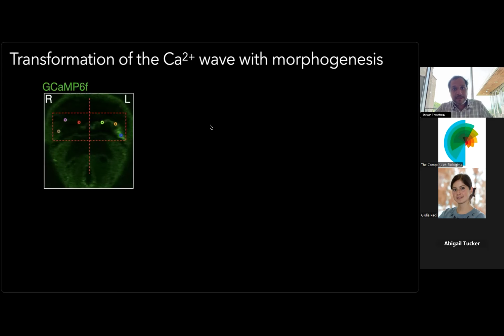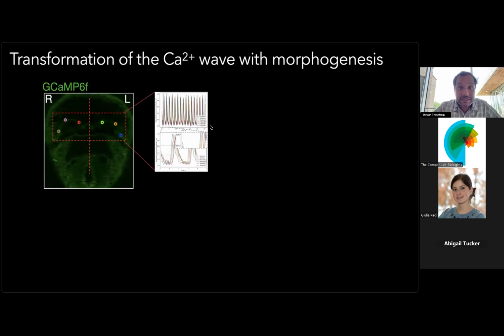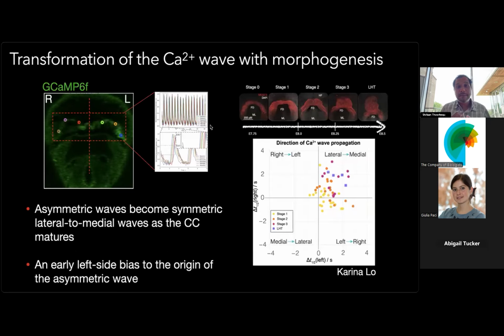Okay, so another master's student who joined the lab developed a method for determining the direction of the calcium wave in an unbiased manner by quantifying the traces from several movies of calcium waves throughout cardiac crescent development.